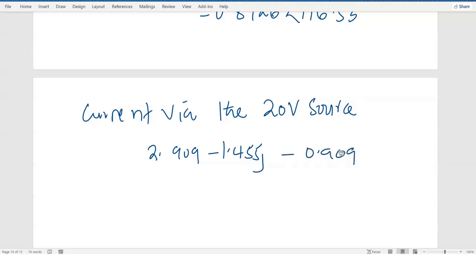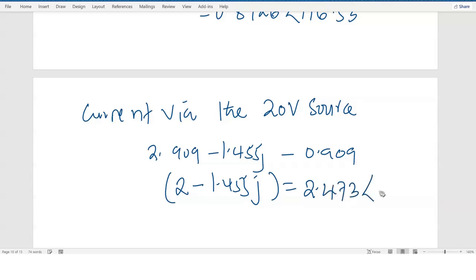So what we have here is 2 minus 1.455j, and if I convert it to polar, this is going to give us 2.473 at an angle of negative 36 degrees.